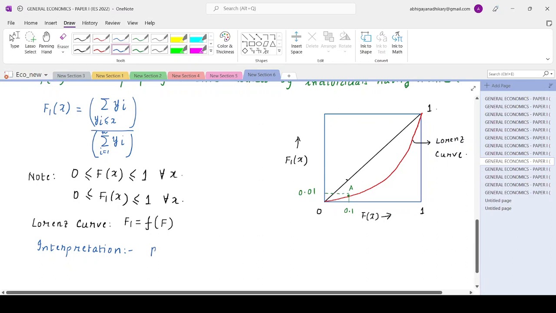So the interpretation will be: the bottom 10% of the people earn only 1% of the total income of the society.